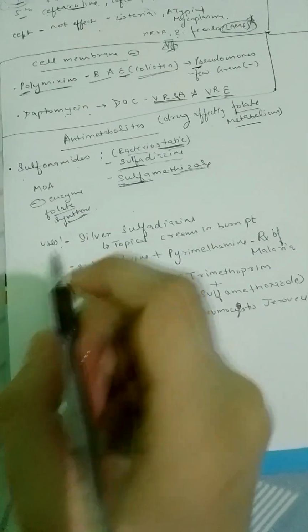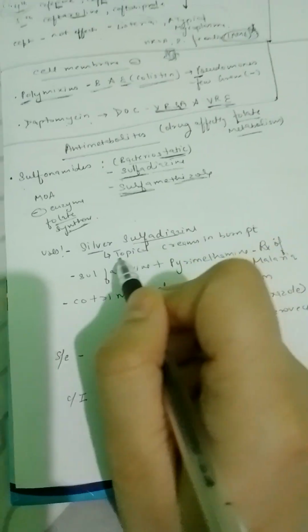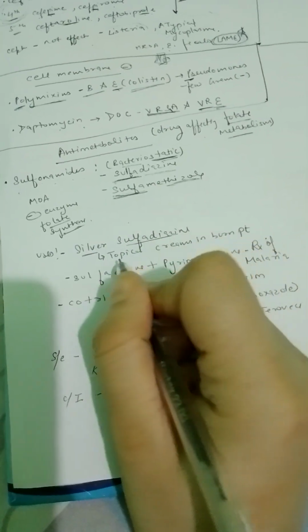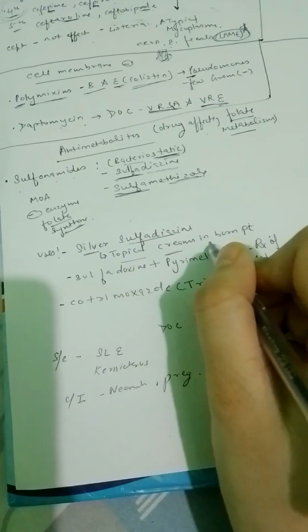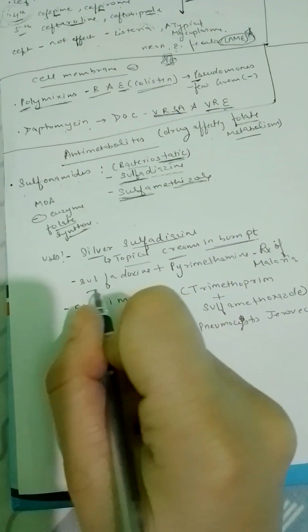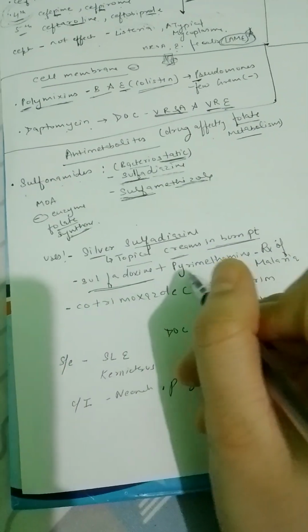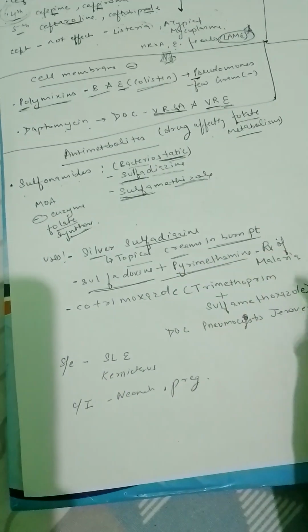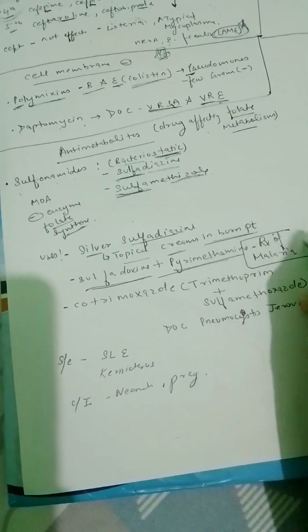Now in the uses, for example, silver sulfadiazine is used in topical creams in burn patients. Then another one is sulfadoxine plus pyrimethamine, which is used in the treatment of malaria.